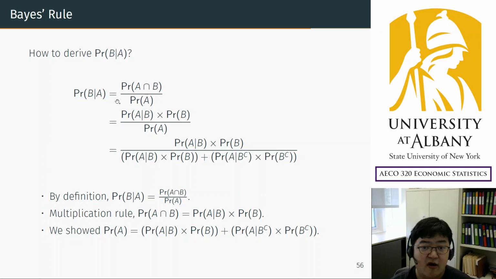This was a formula I derived at the beginning of this chapter, right? So the point is the denominator captures the full size of this condition, and the numerator can be replaced, you can apply the multiplication rule on the numerator. So you put it this way.